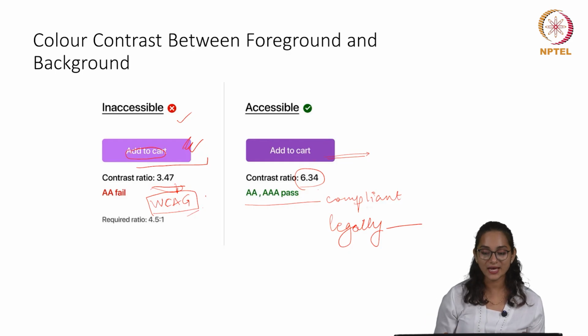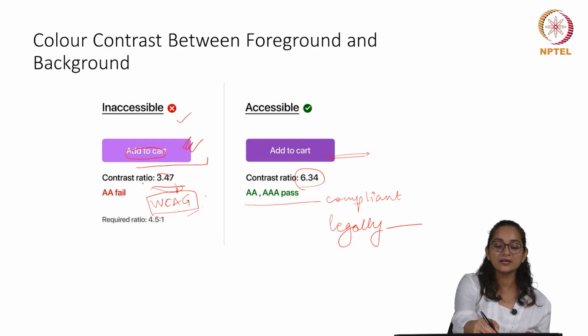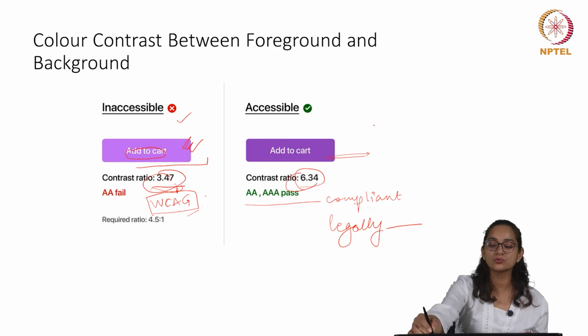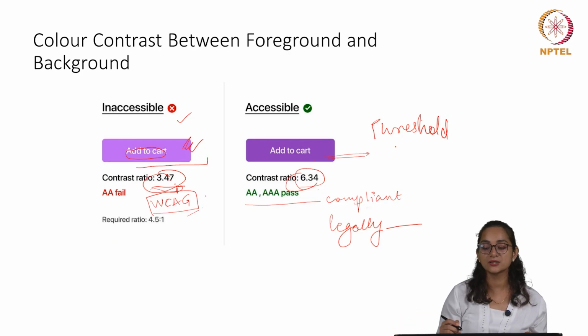So all of those aspects are important, but visually maybe it does not make a lot of difference. So, having this awareness: what are the thresholds for color contrast, what are the various ways in which I can make my website or interface accessible without compromising on the aesthetic aspect of design of my interface.